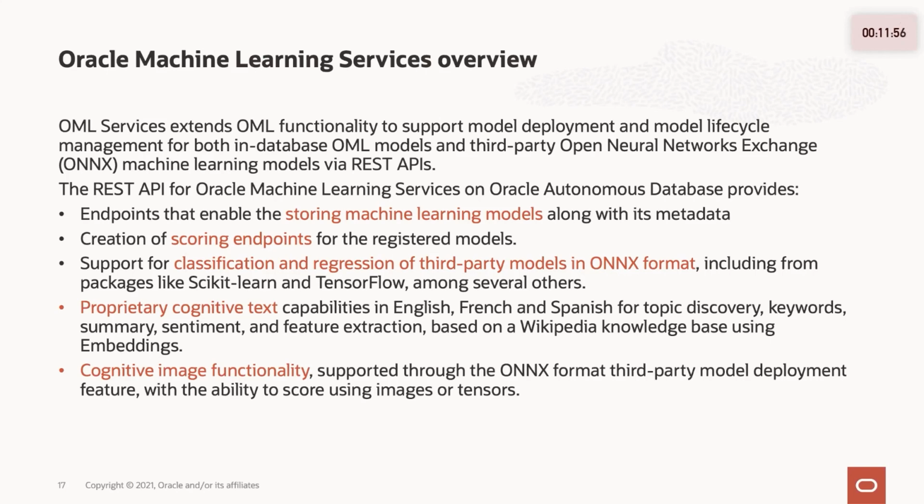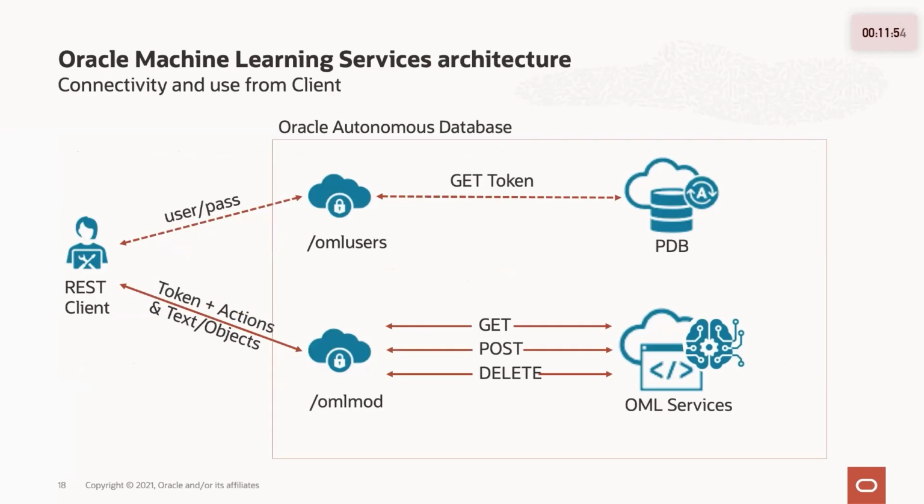So the main component there is the connectivity, right? First, we make the connection from a REST client. We send the user and password to the OML user's REST endpoint, right? That's the autonomous database one.